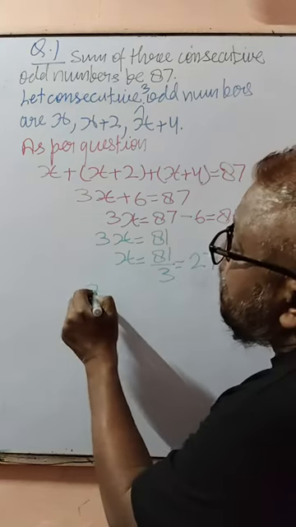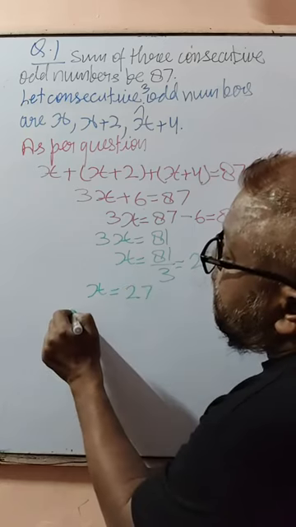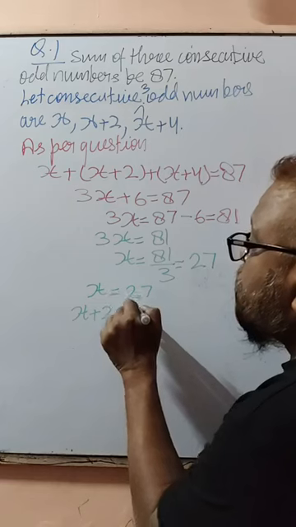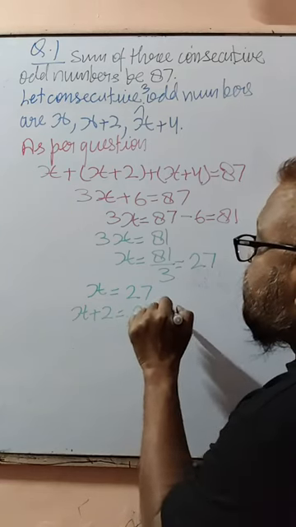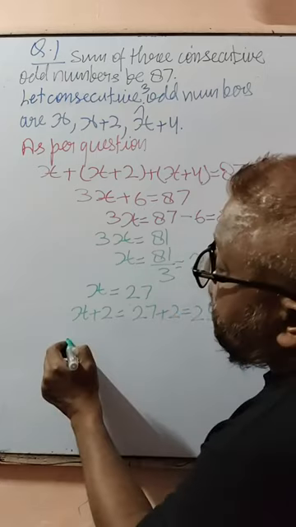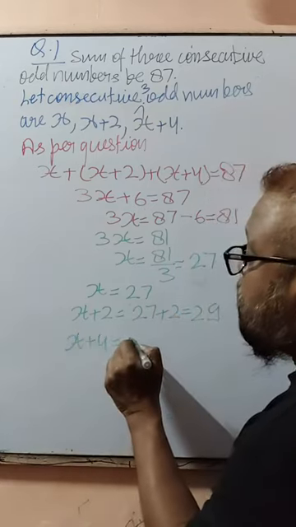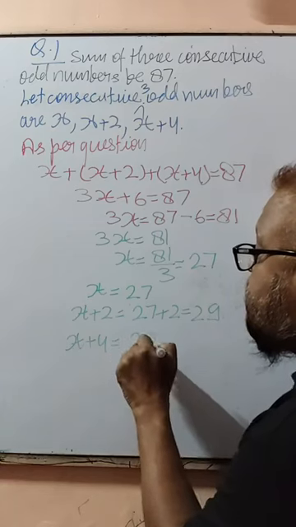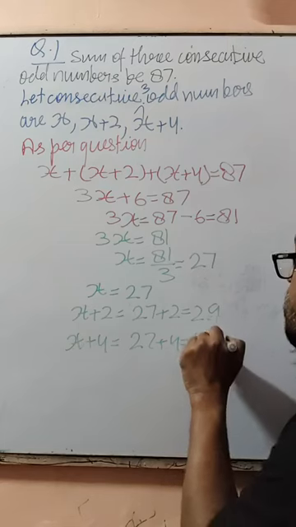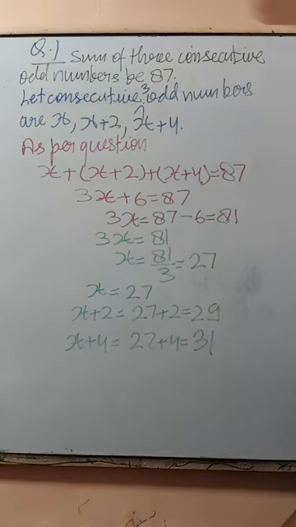So x is equal to 27. x plus 2 is 27 plus 2, which becomes 29, and x plus 4 is 27 plus 4, which becomes 31. So this is the solution of the question.